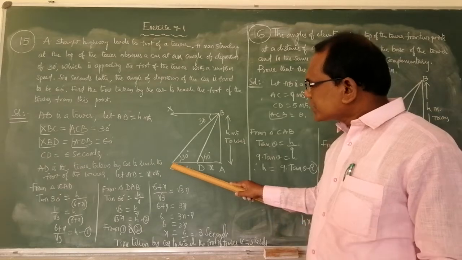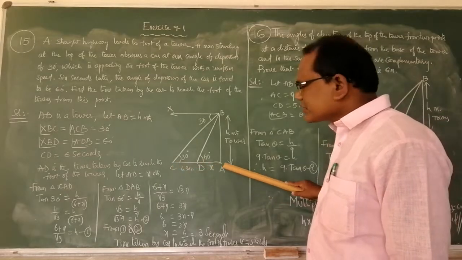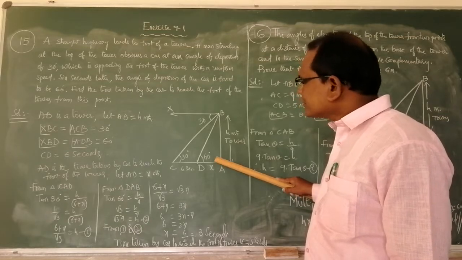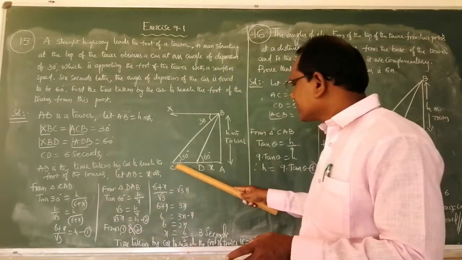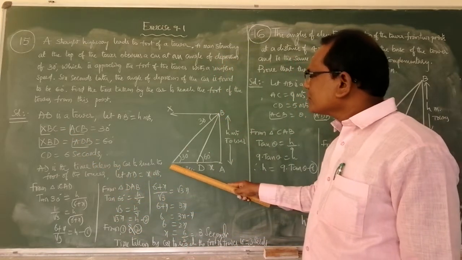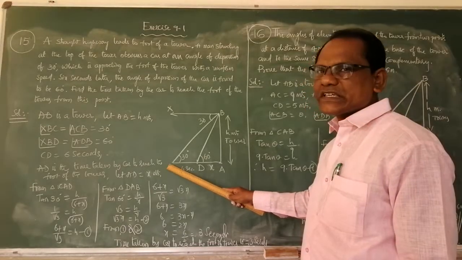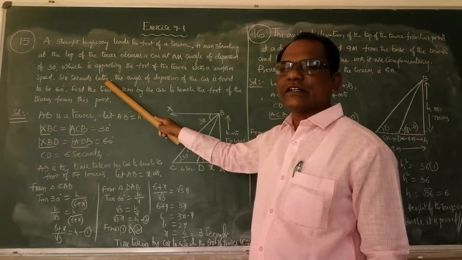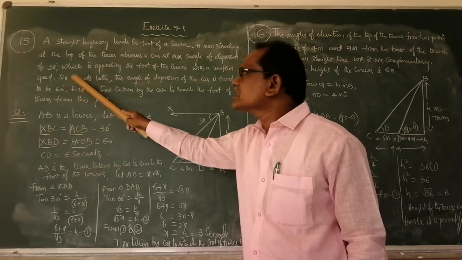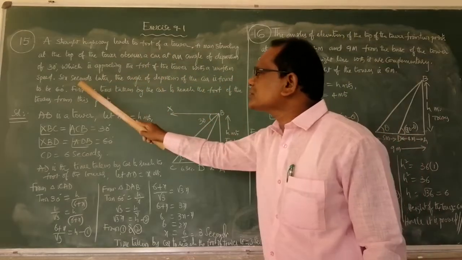The car is approaching the foot of the tower with a uniform speed. When he observed 30 degrees, that is the position of the car at point C. After that, it is given 6 seconds later, the angle of depression of the car is found to be 60 degrees.